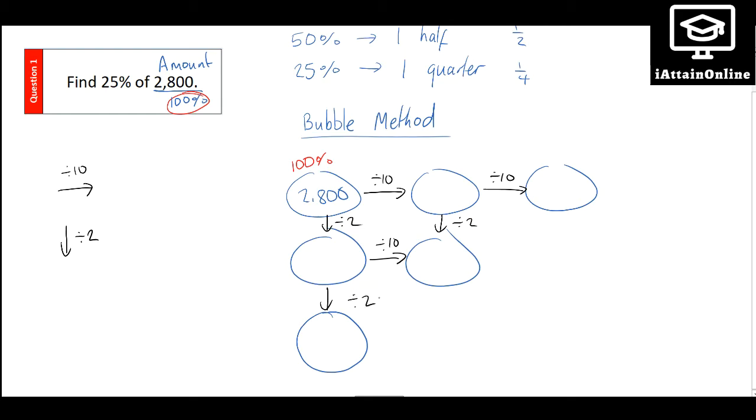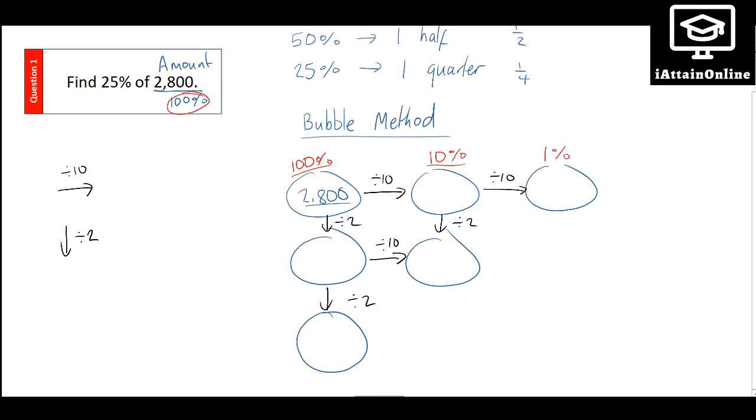Okay, now you do this for both the percentage, which is on the outside, and the number, the amount, which is on the inside. So let's start with the percentages. Moving to the right, 100 divided by 10 would give you 10%, and then 10% divided by 10 gives you 1%. Now we do the same moving down the way.